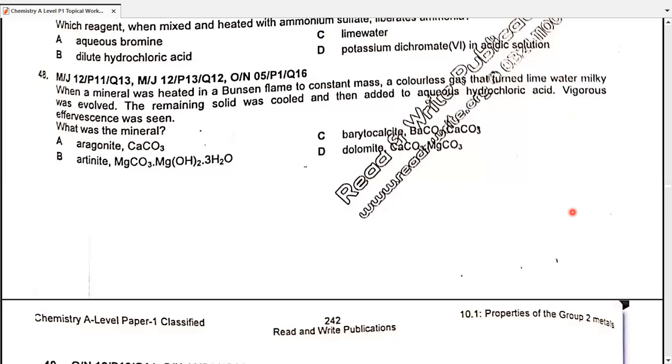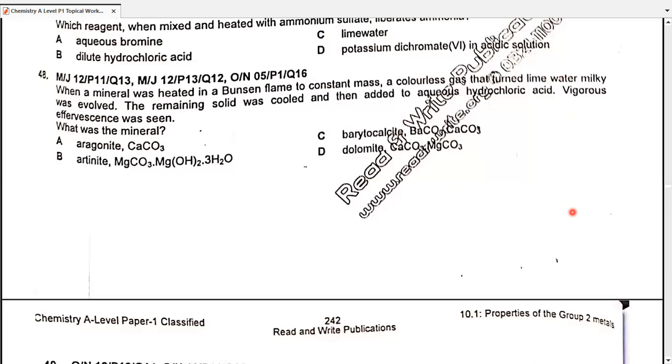Reactivity increases down the group. Good point. Among these, barium is the lowest in the group, so barium will have the highest reactivity. Vigorous effervescence was seen. Compounds almost the same.